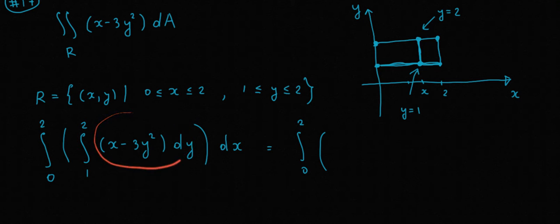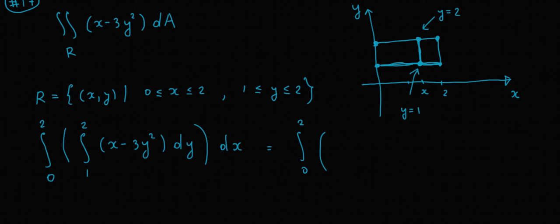This is an integration over y. The x variable is treated as a constant. So we choose a value for x for this integration, we keep it constant. So therefore, for the first part of the first integral, we're integrating x over the interval from 1 to 2 over y.